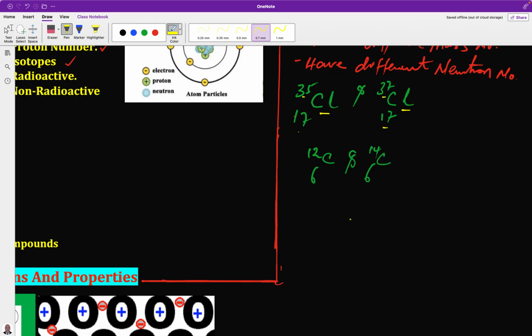Some of these rays are very useful in medicine today. For instance, in radiotherapy, in modern healthcare units, some rays are used to treat cancer by killing the cancer cells in cancer patients.